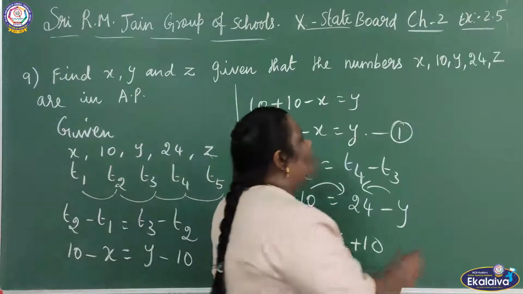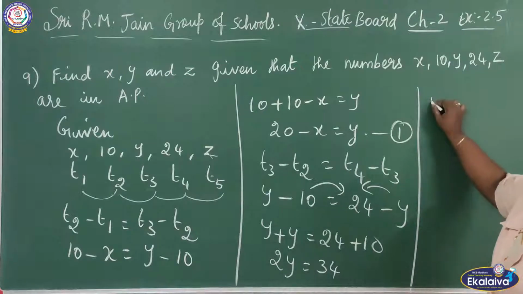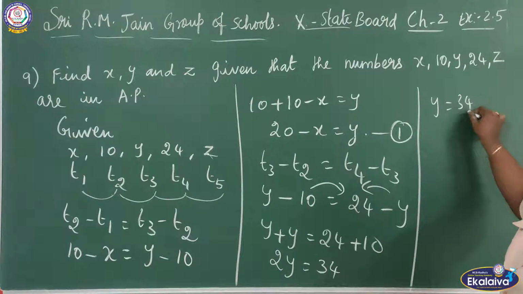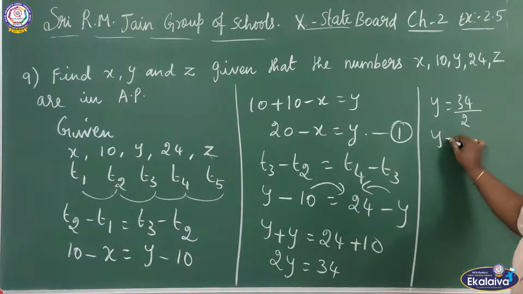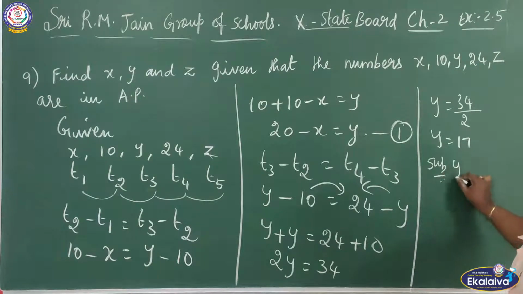What is the value of y? y equal to 34 by 2. y equal to 17. Substitute y equal to 17 in the first equation.